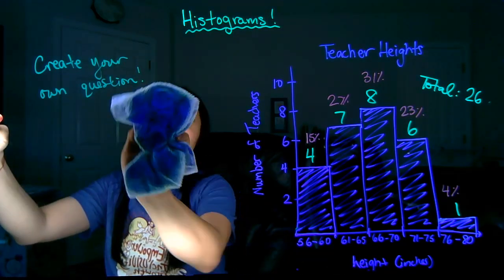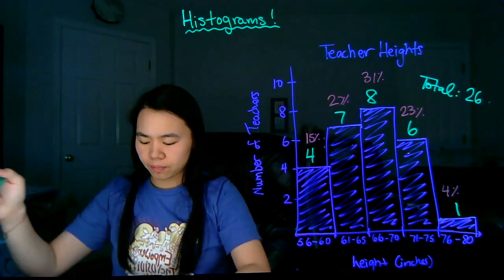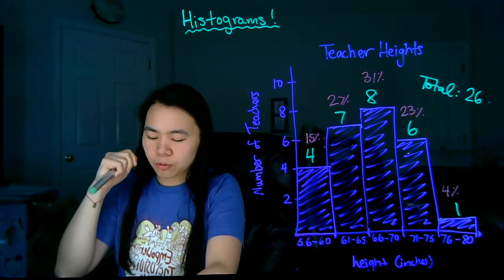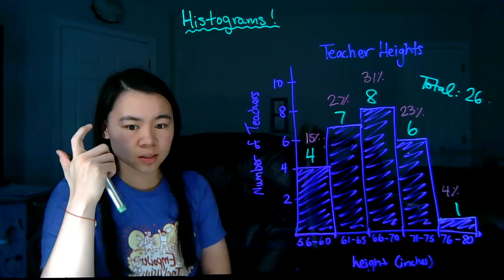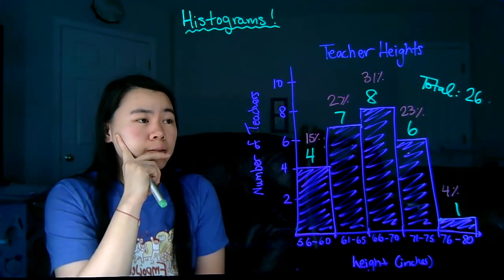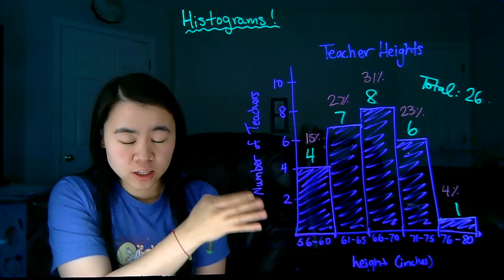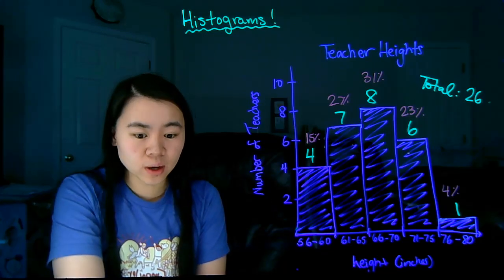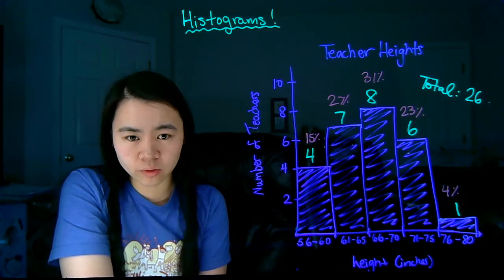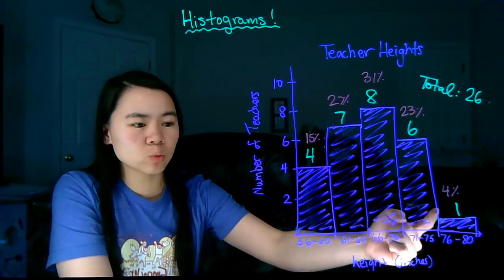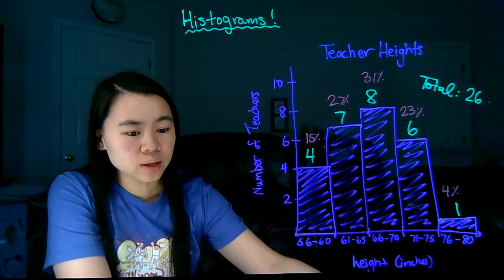All right, the last important thing to note about a histogram, okay, is what kind of data it provides. And we talked about this in class extensively. Do I know exactly each teacher's height? Out of these 26 teachers, do I know exactly how tall every single one of them are? Let's look at this one teacher. I know one teacher is really tall.